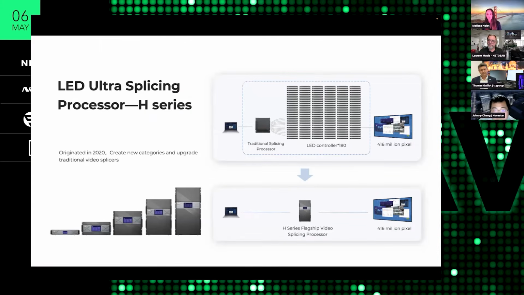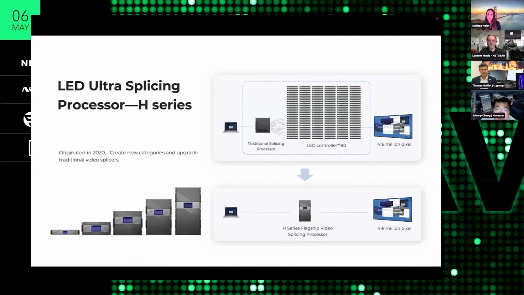Let me introduce the H series. We thought the LED control system needed an upgrade, so since 2020 we have released the H series.